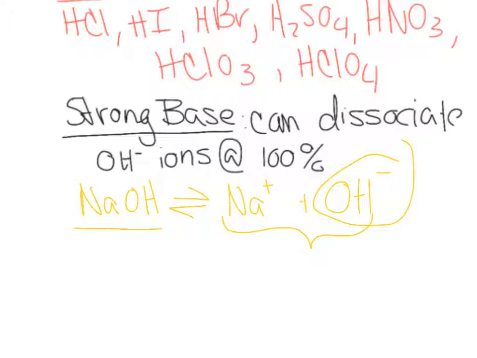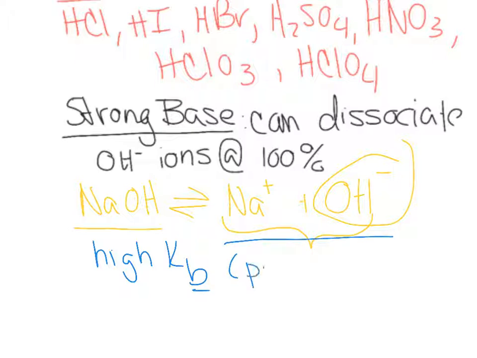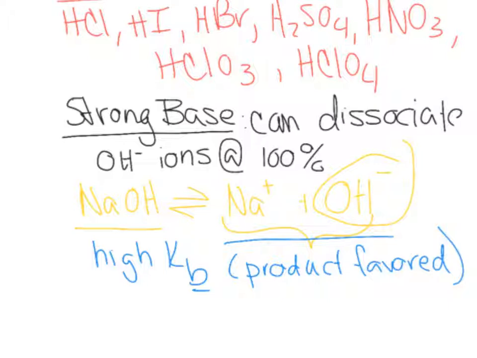But when we have a strong base and a high value, it's a Kb value now because we're talking about bases. That means that we exist product favored again. We are lying mostly on the product side. We are making a whole bunch of the ions. That's what that value means.